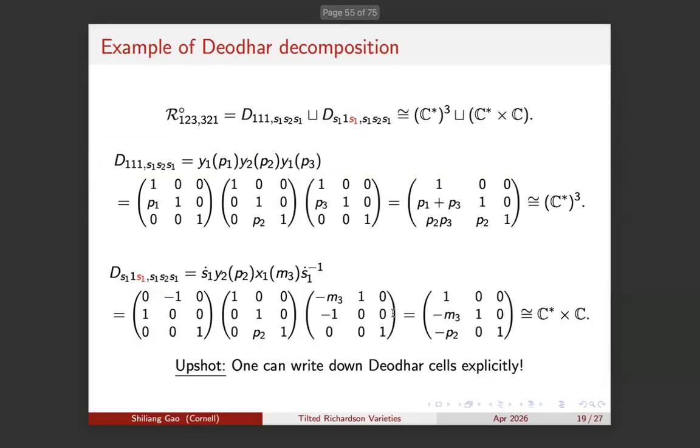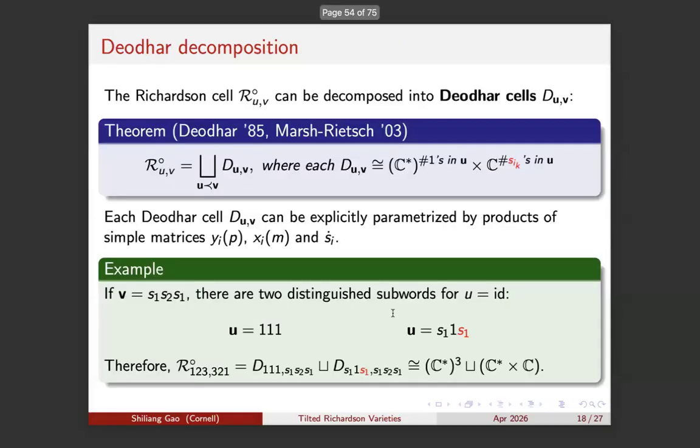So in their case, they're also thinking about the totally non-negative part of the Richardson cells, and we'll see later that all of them actually lie in a single Deodhar cell. I figured this theorem you're stating looked like the Deodhar result from '85. So yeah, I should probably only mention Deodhar's. Okay, that's right. Yeah, thank you.